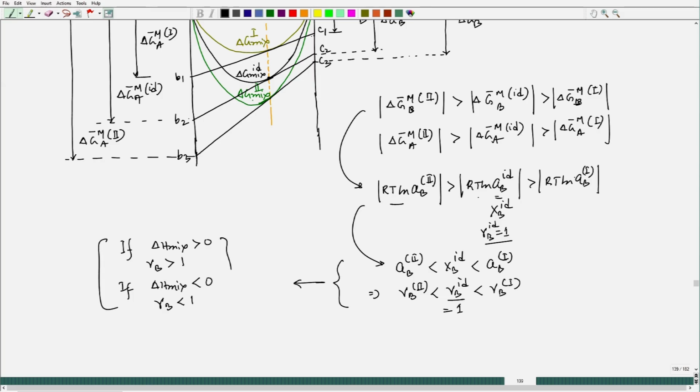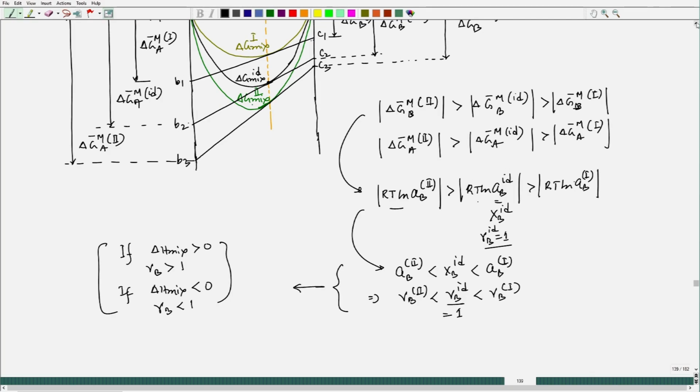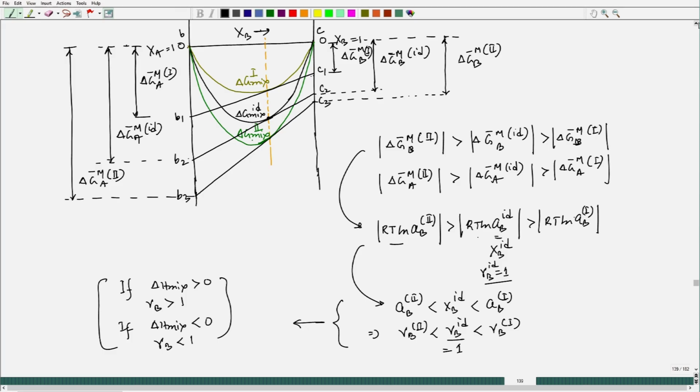So these two pieces of information we are getting out of it, but more importantly we are gradually getting into the equilibrium outlook, or equilibrium between two phases, even if we consider delta H mix to be non-zero, because there also this tangent method will be applied.